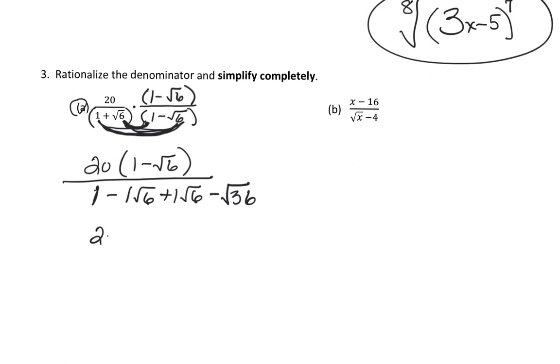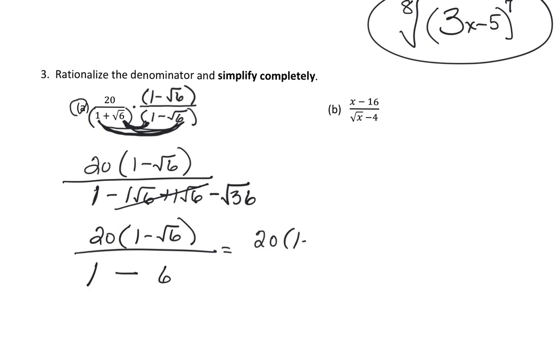The top is going to stay the same. On the bottom, these inner parts right there, the outer and the inner, they subtract out to 0. So we have 1 minus, and then the square root of 36 is 6. Now the rest of it is just simplifying. 1 minus 6 is negative 5.